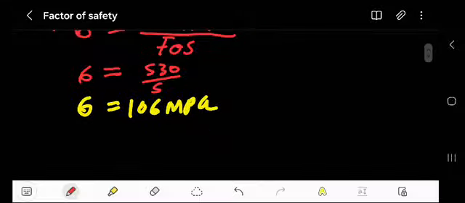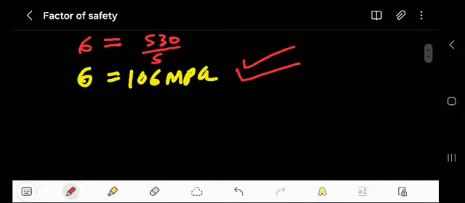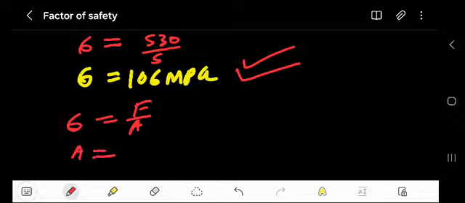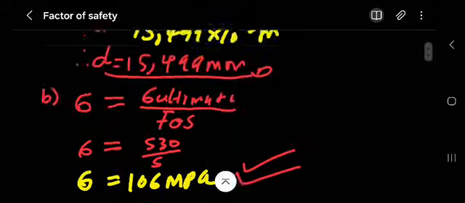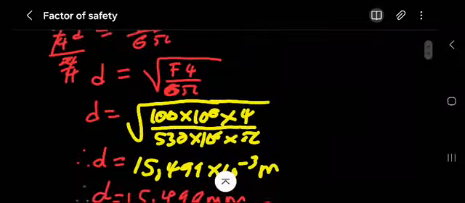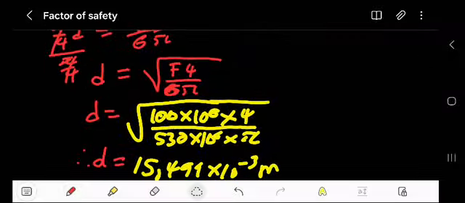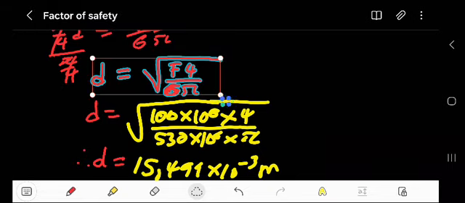Then remember, we have included the factor of safety. That is what we're supposed not to reach, but now we have the actual one we're supposed to use. Then the actual stress we know is force over area. Then we find the area. If you want to calculate the diameter, we're still going to use the simplified one.